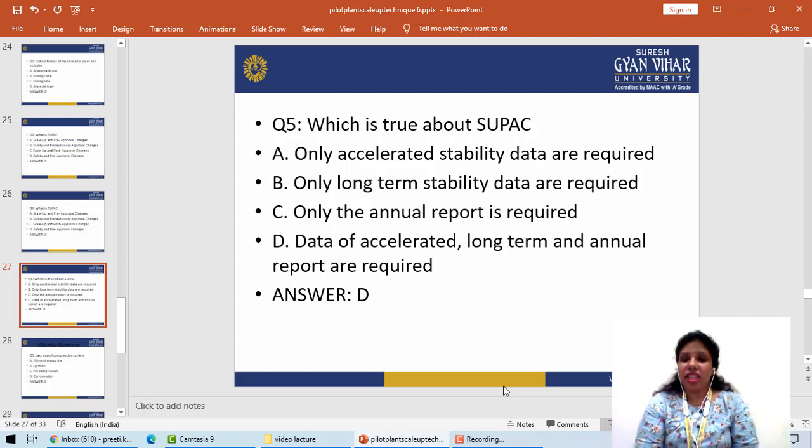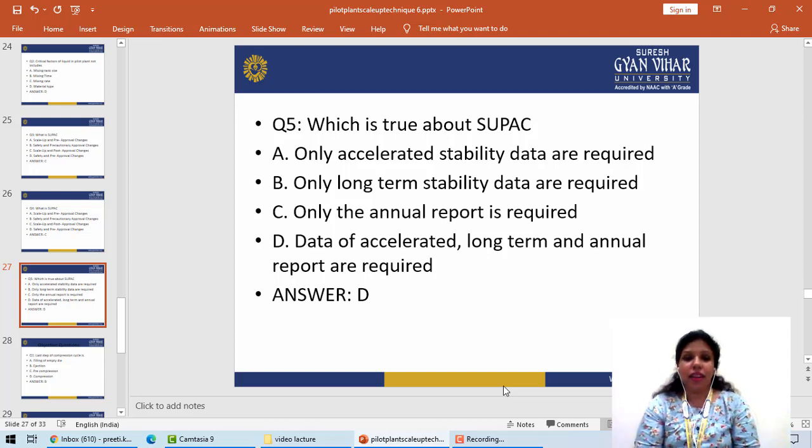Next question is, which is true about SUPAC? We have discussed that SUPAC is scale up and post approval changes. So now what is the true sentence related to SUPAC? A. Only accelerated stability data are required in SUPAC. B. Only long term stability data are required.